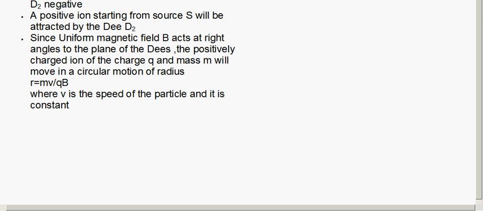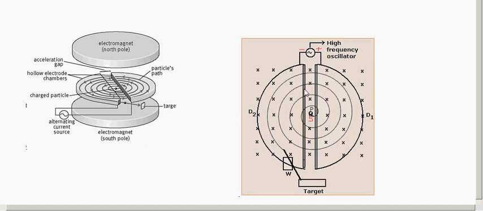Go back to the figure. Now when it comes towards the edge of D2, if we change the polarity, here this will become positive and the other end becomes negative, meaning I am changing the polarity. Now this end becomes negative.